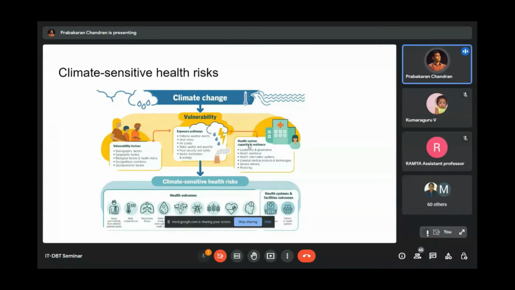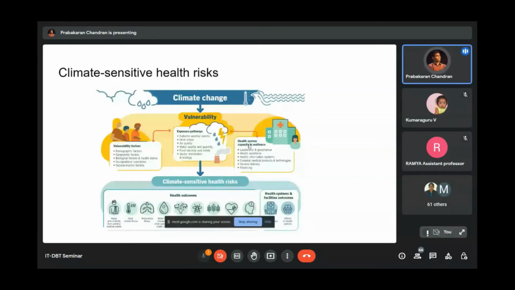Because in many states, the number of doctors per 100 patients is very low compared to Tamil Nadu or other well-developed states of India, right? So in that case, when we start facing issues like airborne disease or waterborne disease, our health system might not be able to handle it in a better way, right?